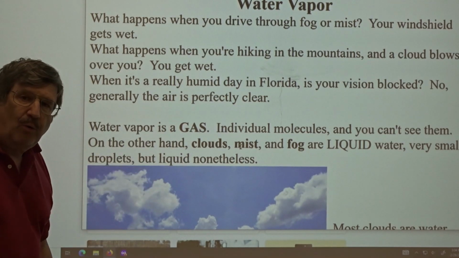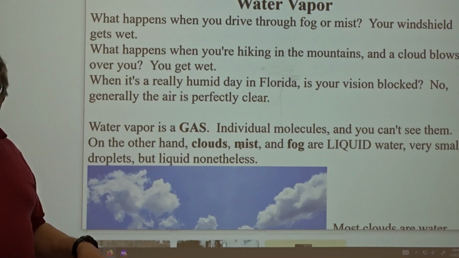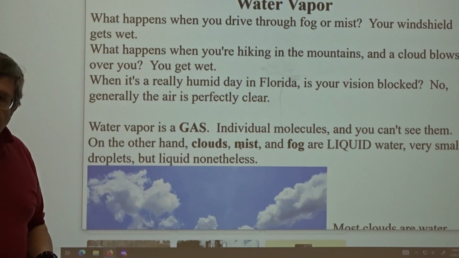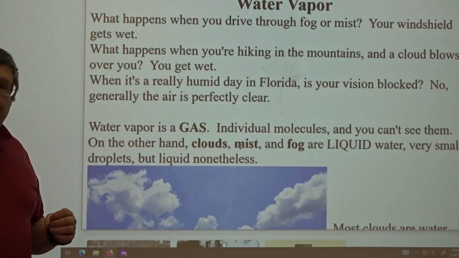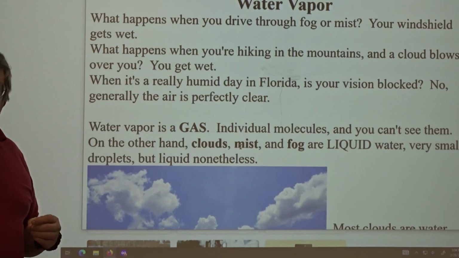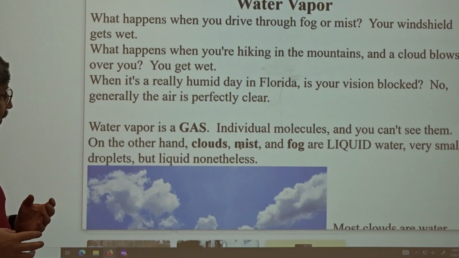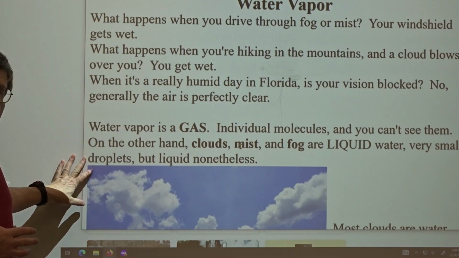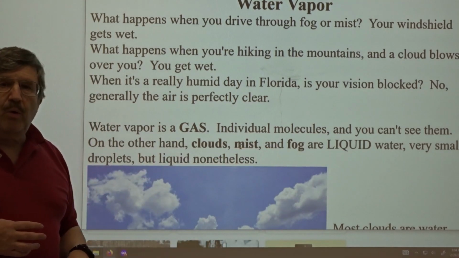People often talk about water vapor as if it's the thing that you see coming off of a pond when it gets cold, or as if it's clouds. Whenever you see it, it cannot be water vapor. Water vapor, by definition, is a gas. If you can see it, it's not a gas. Mist and fog are liquid water.